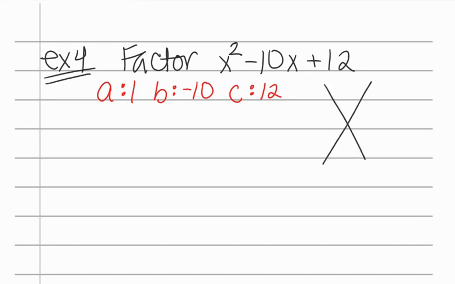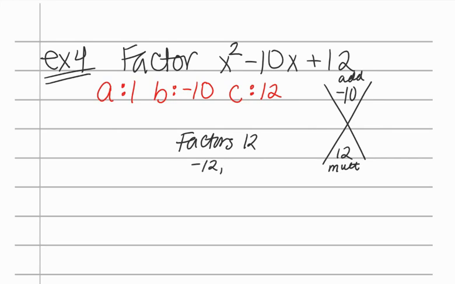And when we do our little factor puzzle, we know that we need to add up to negative 10 and multiply to 12. So we want to find factors of 12 that are going to add to negative 10.